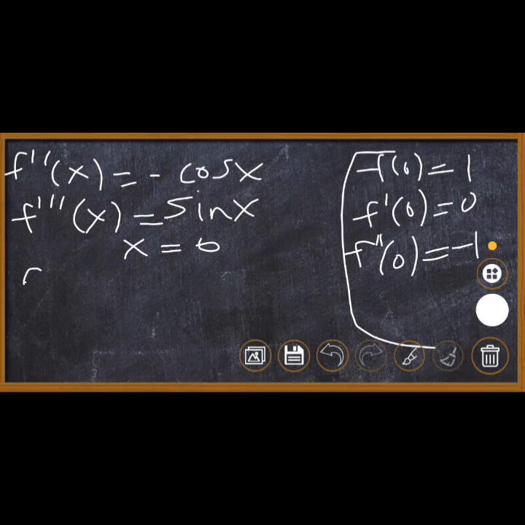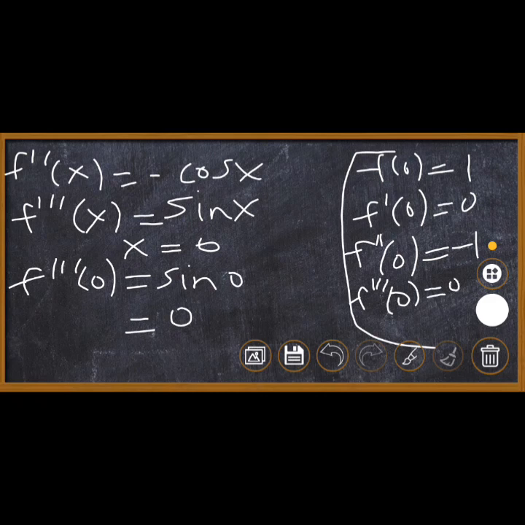Okay, we are going to have the third derivative of 0 equal to sine of 0. So what is sine of 0? Okay, of course we have discussed that already. Sine of 0 is 0. So in this case then, our value for the third derivative of 0 is 0.